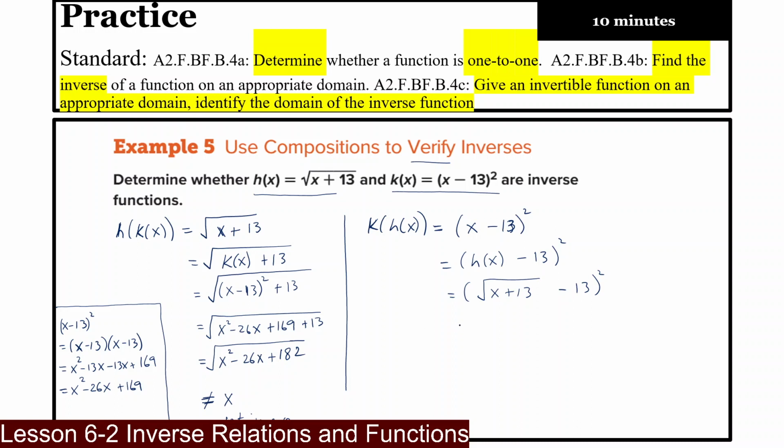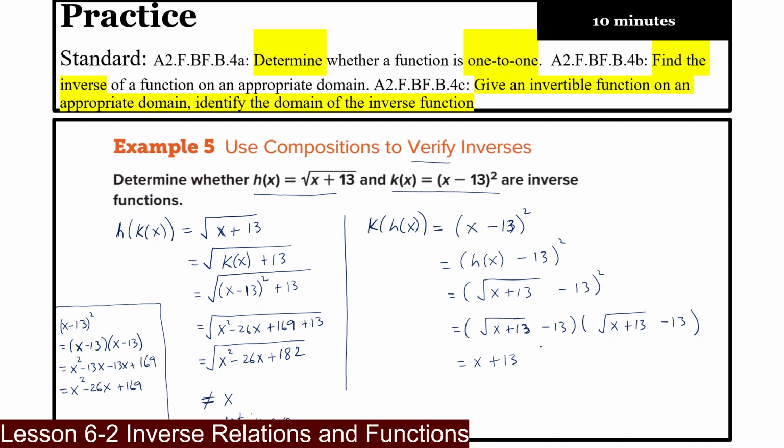So this basically means square root of x plus 13 minus 13 times square root of x plus 13 minus 13. Why am I multiplying it twice? Because there is a square here, so I'm going to multiply it twice.